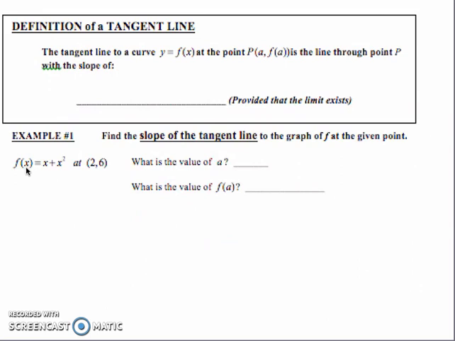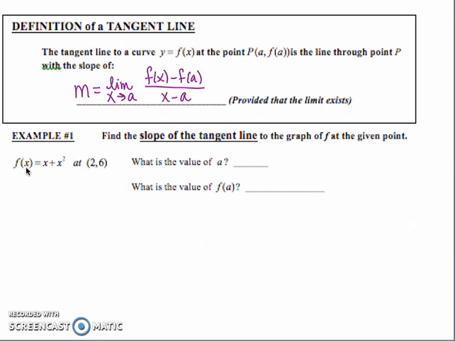This brings us to the definition of a tangent line. The tangent line to a curve y equals f of x at the point P, which is a, f of a, is the line through point P with the slope m being the limit as x approaches a of f of x minus f of a over x minus a, because remember our point is a comma f of a.